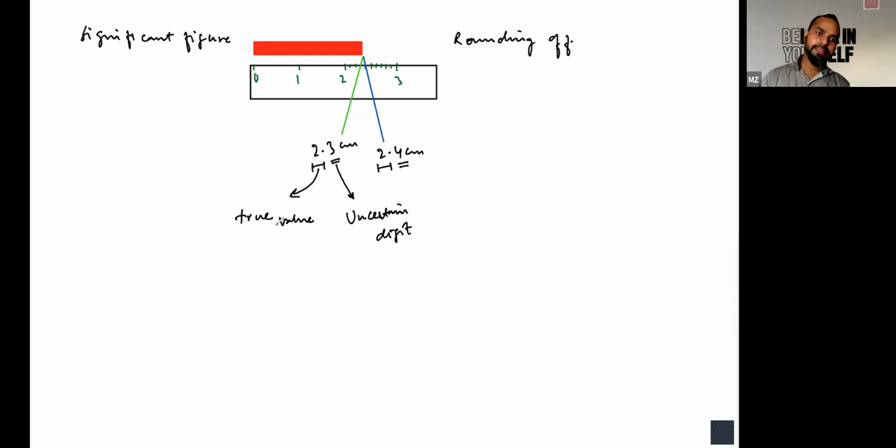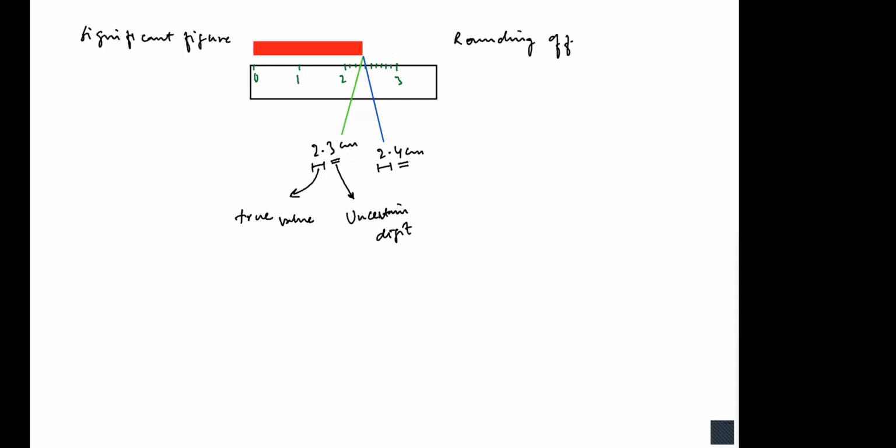The total number of digits in true value plus one uncertain digit in any calculation is called significant figure. Is it clear? Yes, sir.